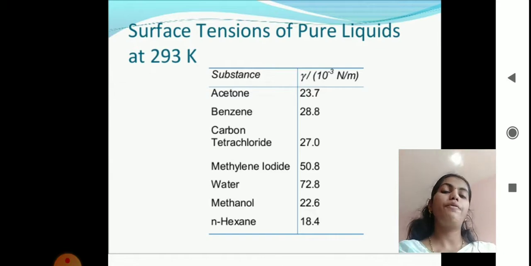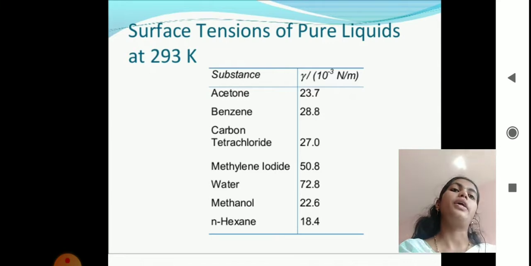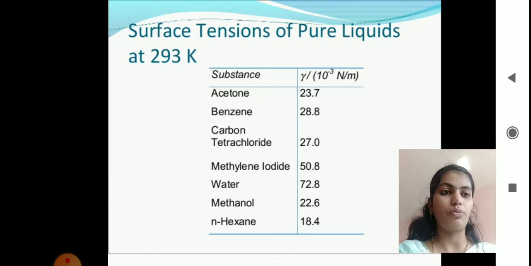Now, the surface tensions of different types of pure liquids at 293 Kelvin temperature. Acetone is 23.7 times 10 raised to minus 3 Newton per meter.